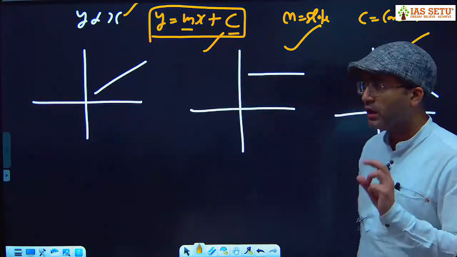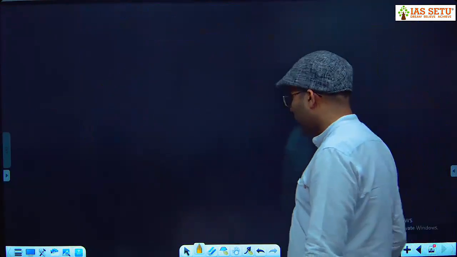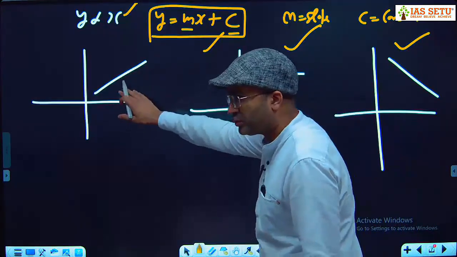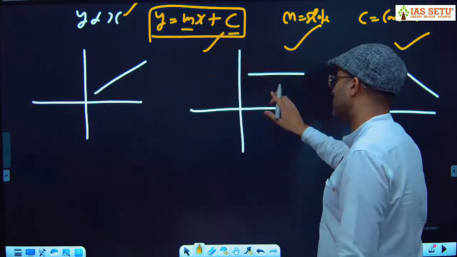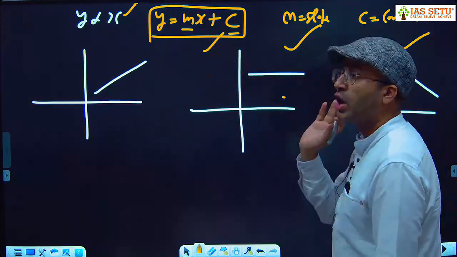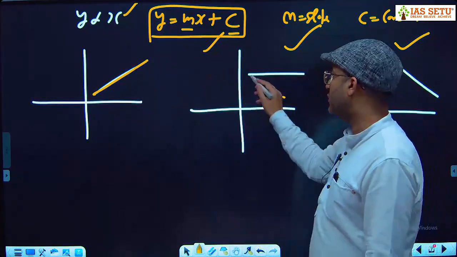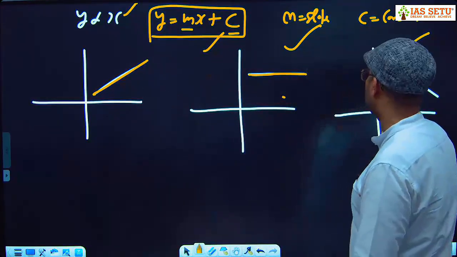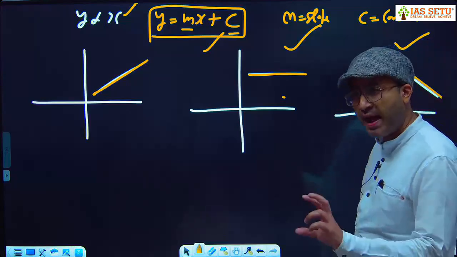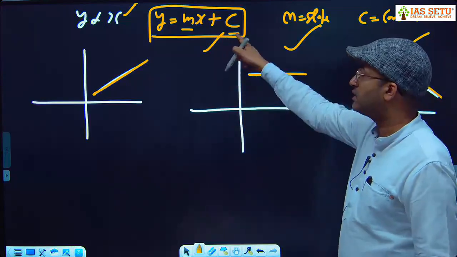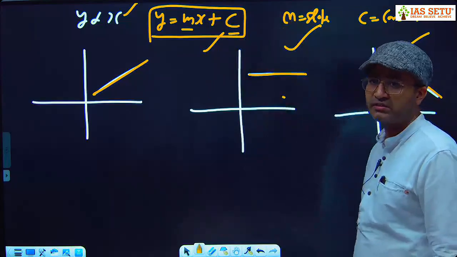Let me take 3 graphs. This is also directly proportional, this is also, this is also. The only difference is here the value of m is positive, here the value of m is 0, here the value of m is negative. Otherwise all these three graphs satisfy this.